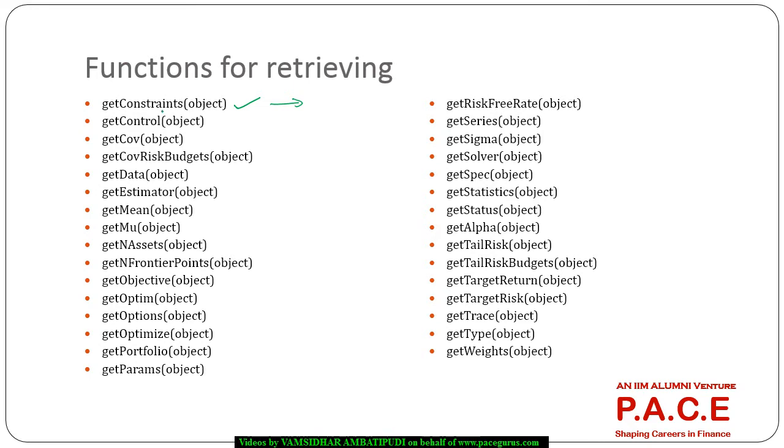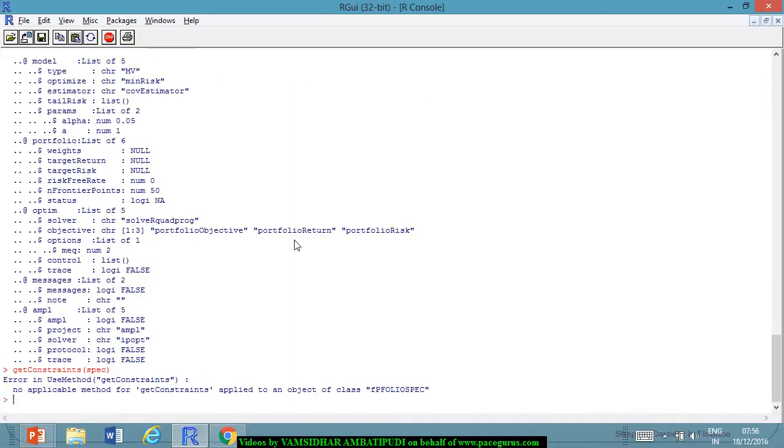So you can get the constraints of it, you can get the controls, probably we'll get back here. If I want, I can get the covariance of that particular portfolio. So I can get the covariance, risk budgets, I can get the data. We'll use all of them and we'll have some kind of understanding of each of these once we have created one specific portfolio for our data. That explains the things to the fullest. So first let me do some kind of settings to start with, right? So spec.